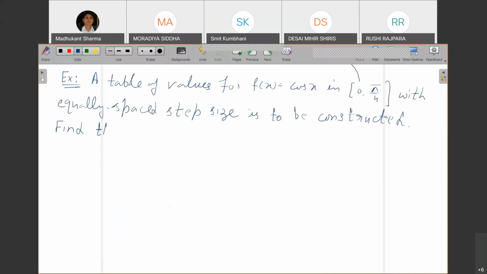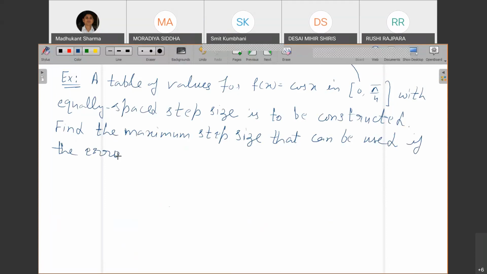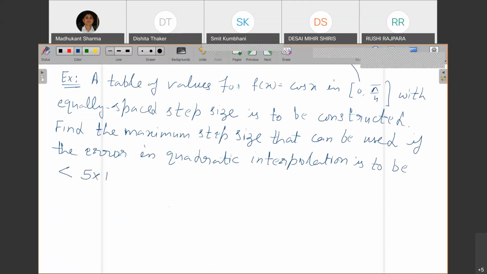To find the maximum step size that can be used if the error in quadratic interpolation is to be less than 5 times 10 to the power minus 6.